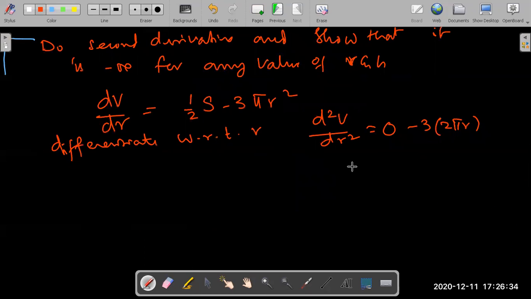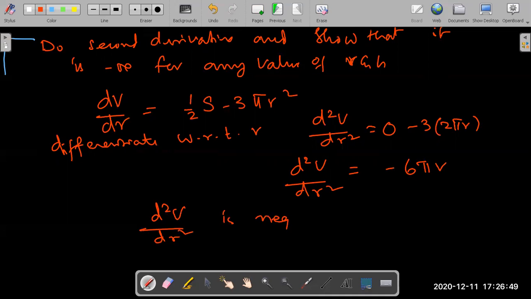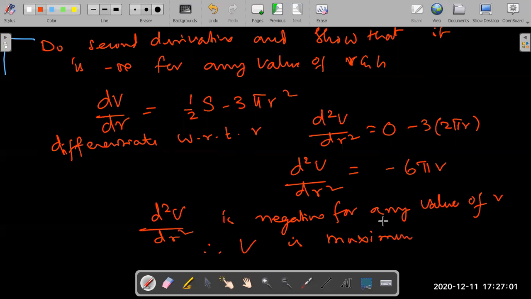So what we get is minus 6 pi r. So we are clearly seeing that d square V by dr square is negative for any value of r. Therefore, V is maximum for h equal to 2r.